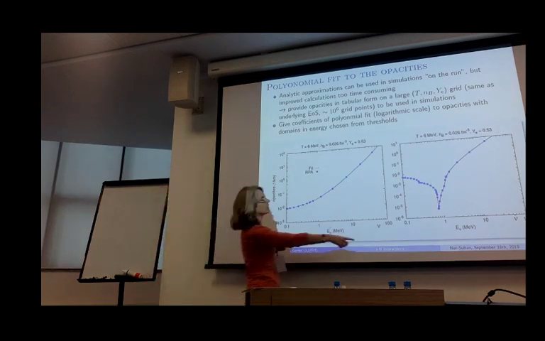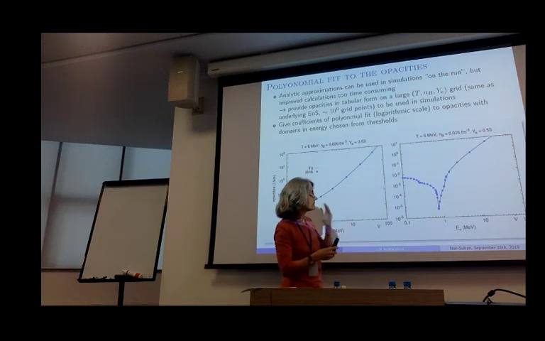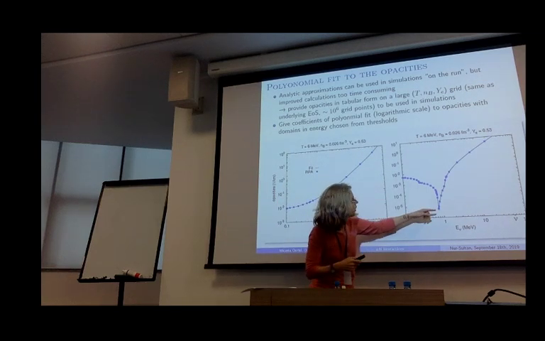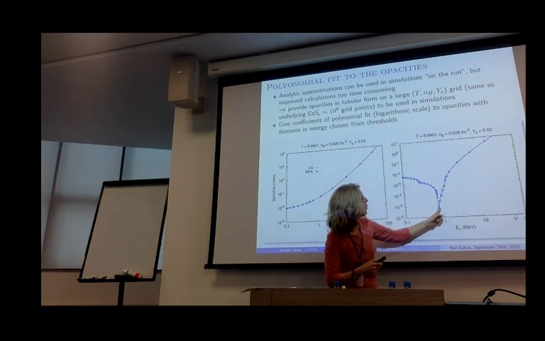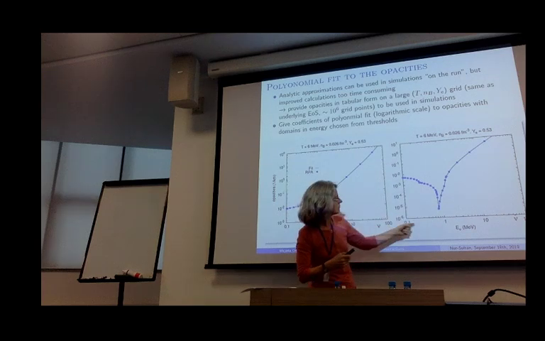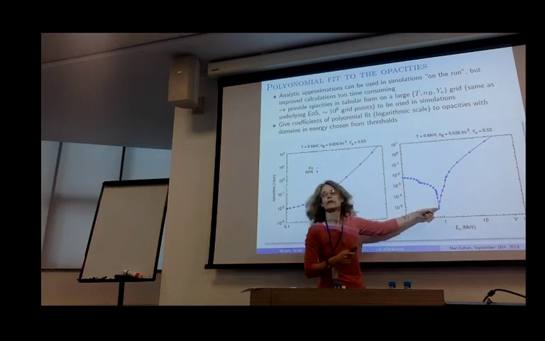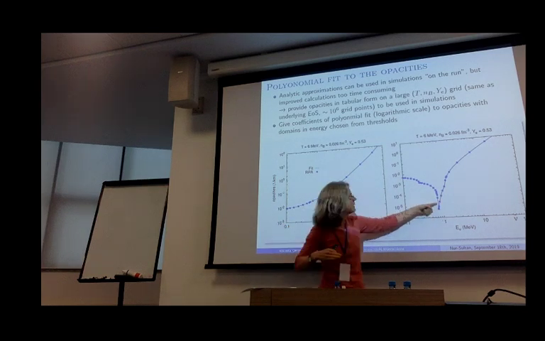And here you can see a case where the polynomial fit is not really obvious, because on a very small interval you have a strong change. Here it's a logarithmic scale, a strong change in the integrand, due to this reaction threshold effect.